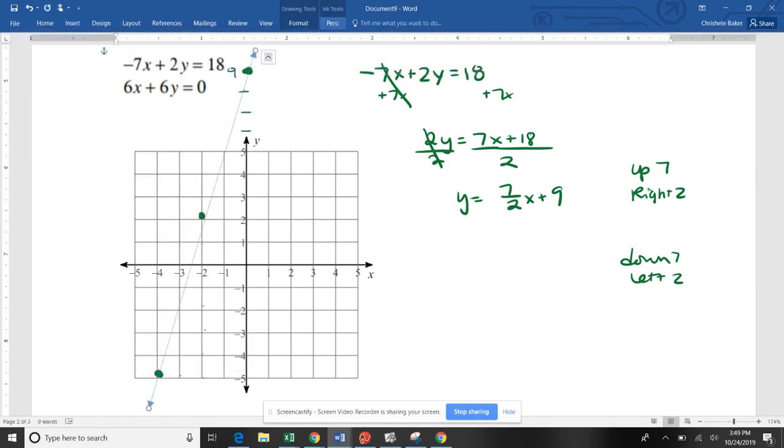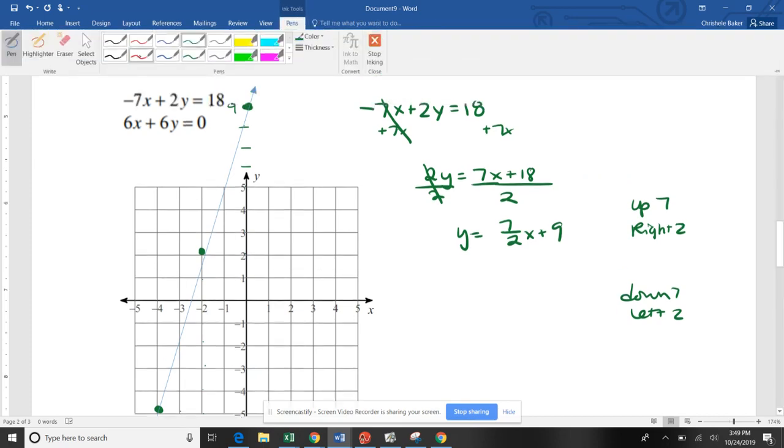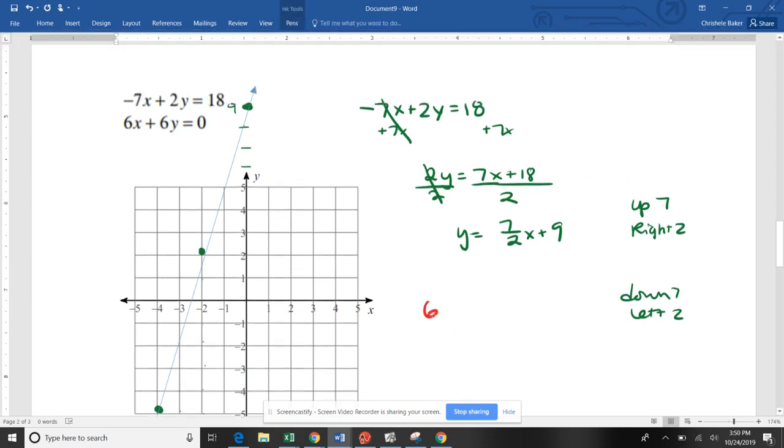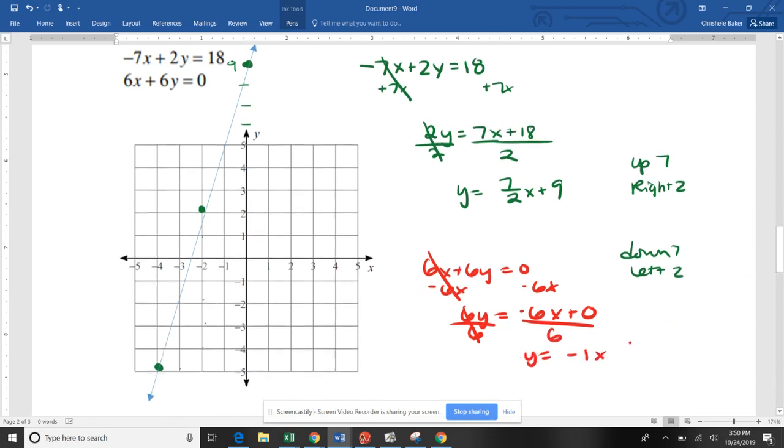Okay. My second equation is 6x plus 6y equals 0. Subtract 6x from both sides. Divide both sides by 6. Means my y-intercept is 0.